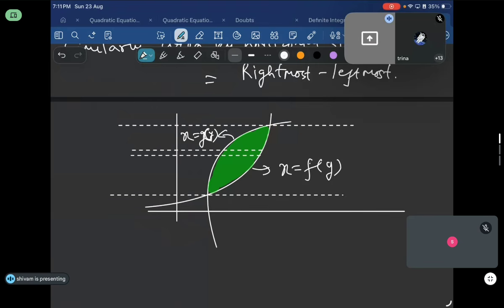Then over here, what will you get? Let us say that this is y equal to a and this is y equal to b. Integral from a to b, area will be equal to, upper one is f of y minus g of y.